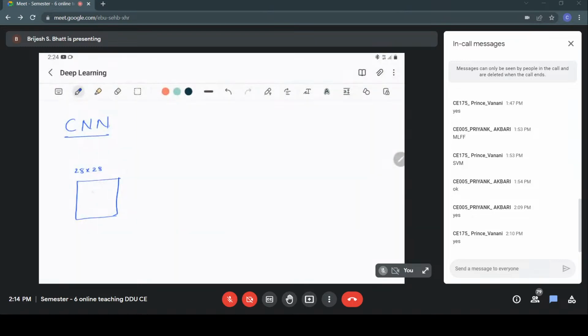Let's say some image is given as a 28 cross 28 pixelized image. And our task is, let's first imagine the traditional way of doing it.